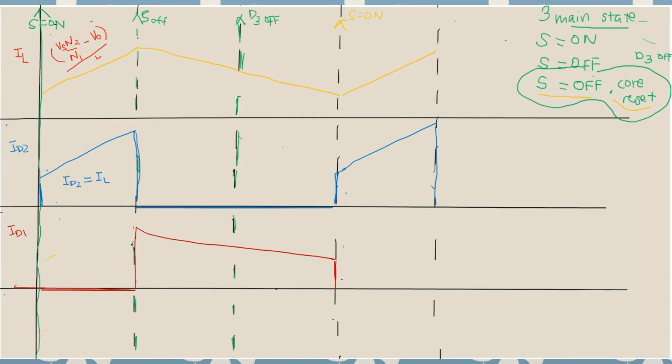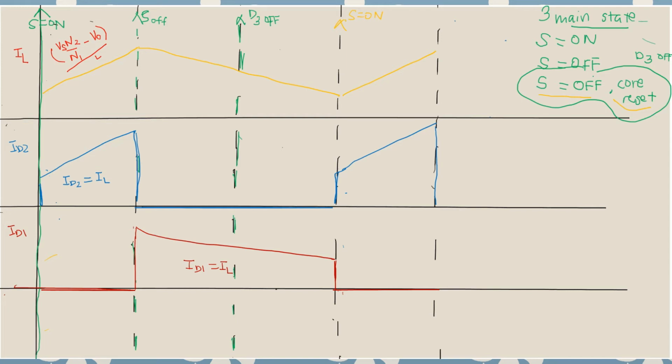So that is for ID1. And then it will start again when S is on. So here ID1 equals IL.